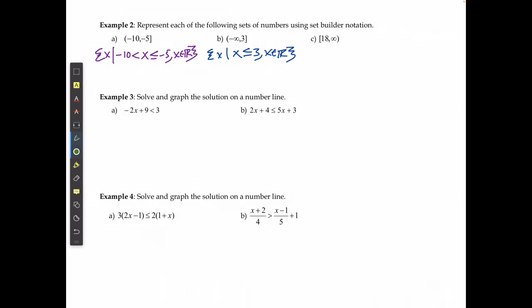And my last one, it does have a lower point of 18, doesn't have an upper point, so x in this case is going to be greater than or equal to 18, where x is in the reals.